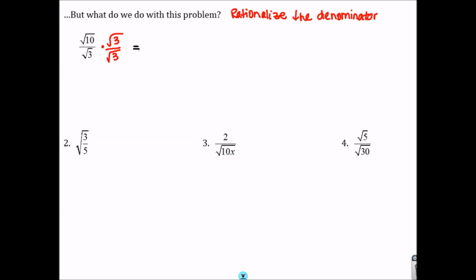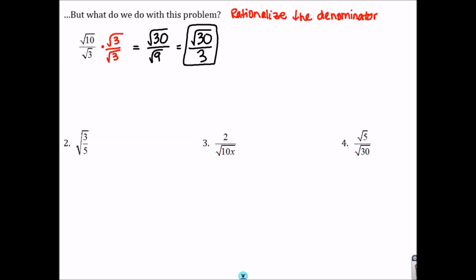So when I multiply these together, in the numerator, I end up with square root of 30, and the denominator, I end up with square root of 9. Square root of 9 can be simplified to 3, so I just end up with square root of 30 over 3. Now we don't have a radical in the denominator, and we do not have a fraction or a decimal as the radicand. So let's try a few more examples.